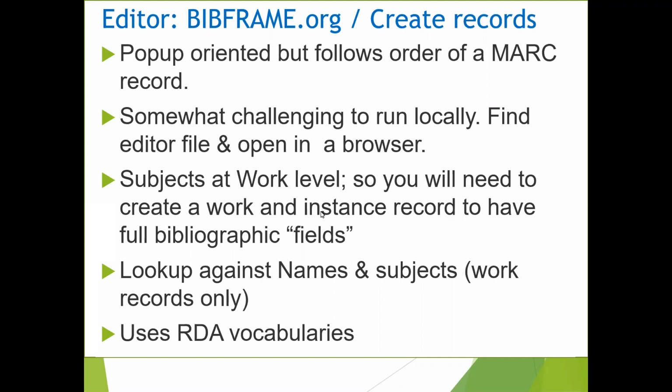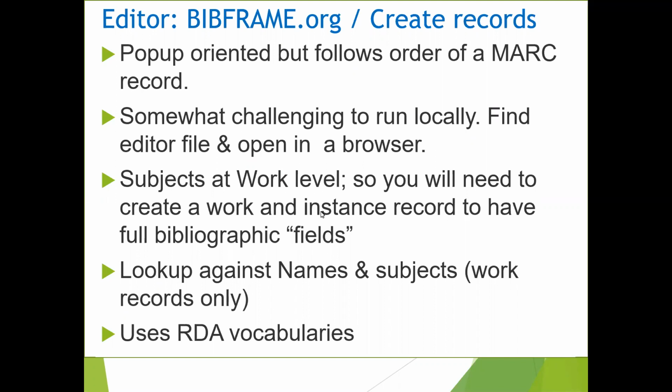So remember, if you're using one of these BIBFRAME editors, and we're going to look at two of them, if you're using BIBFRAME.org, it's going to follow the work and instance model, the W, I, and then item, but really the work and instance are the most important part we want to play with. So your subjects will be in that work area.